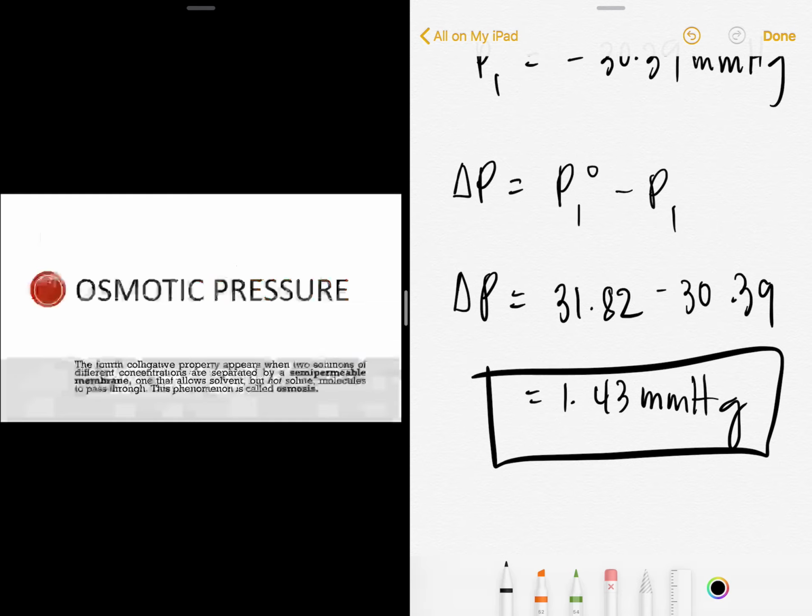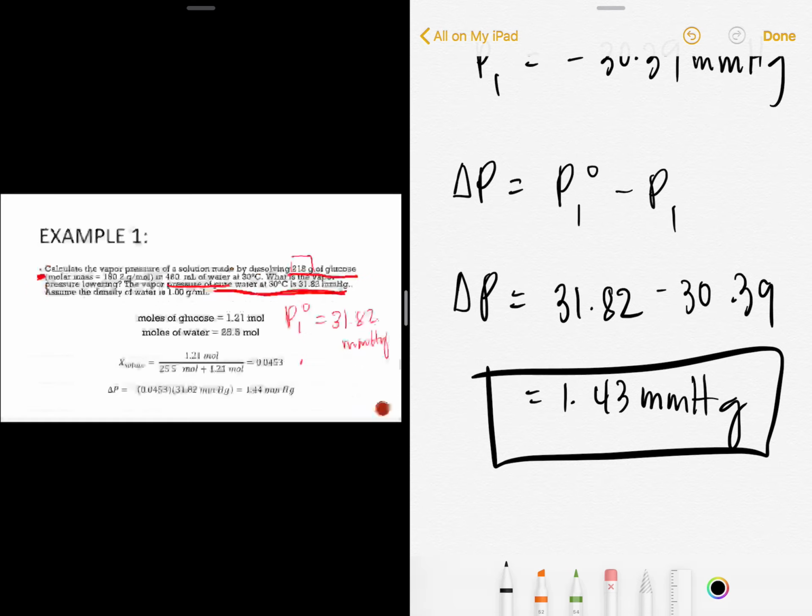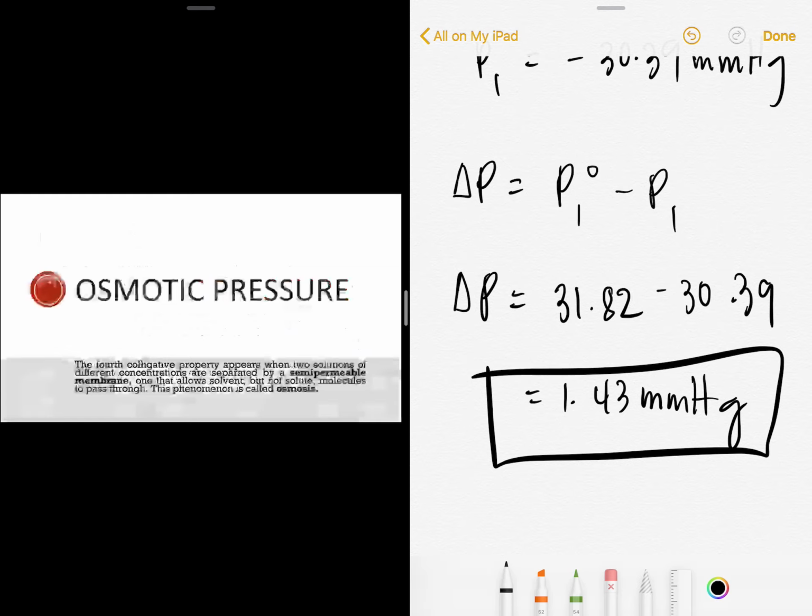Or kasi minsan yung iba, they only use 2 decimal places for each step, while others would use the full value sa calculator, yung mahaba, 0.3334555. It actually affects the computation. So, in my case, I actually used the full values. That's why I got a lower one, 1.43 millimeter mercury. But if your answer is 1.44 millimeter mercury, it's okay. Basta nga ang discrepancy is 0.01 or 0.02 lang, wala tayong magiging problema doon, ano?